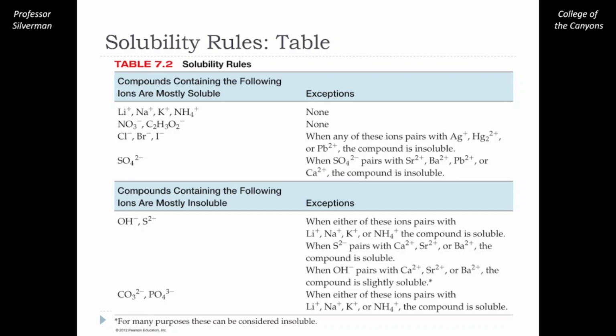Here is our chart, and I'll let you have access to this handout while taking quizzes and exams. So no need to spend a ton of time memorizing, but we do want to be able to know how to read this chart. The top of our chart are things that are soluble. Anything that has these group 1 ions is going to be soluble, is going to dissolve. We can write the phase as AQ, aqueous.